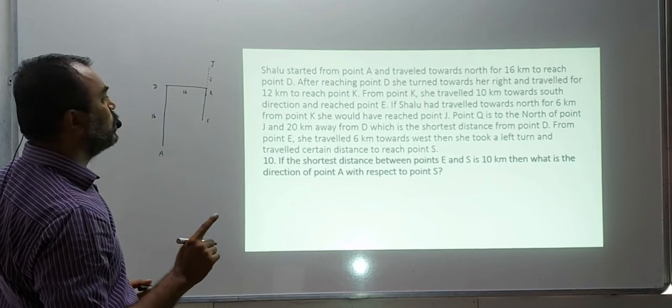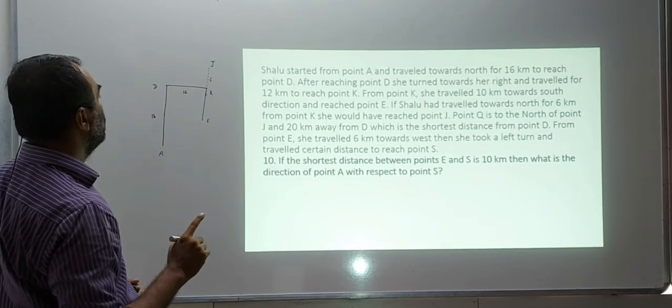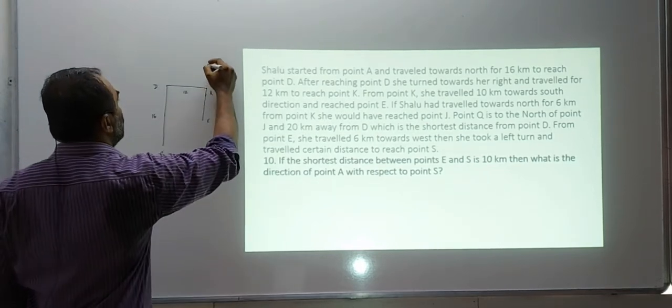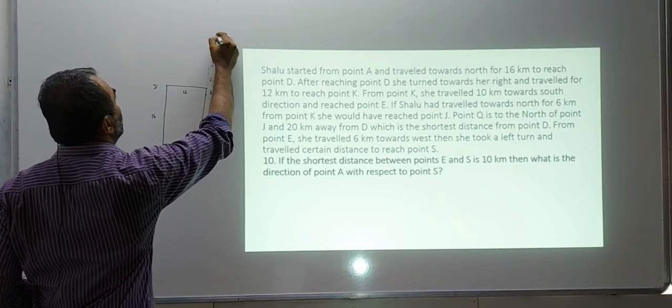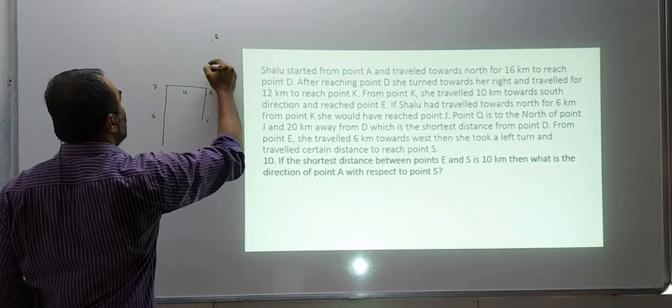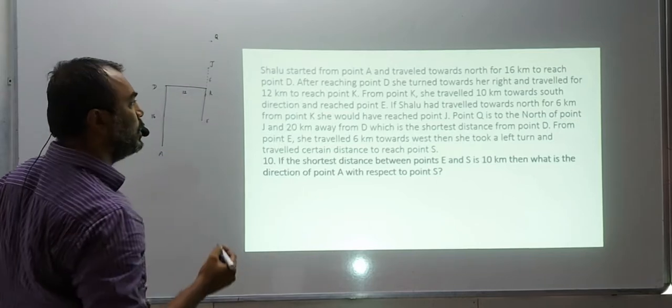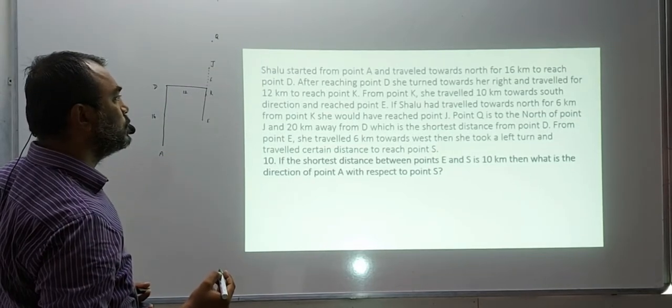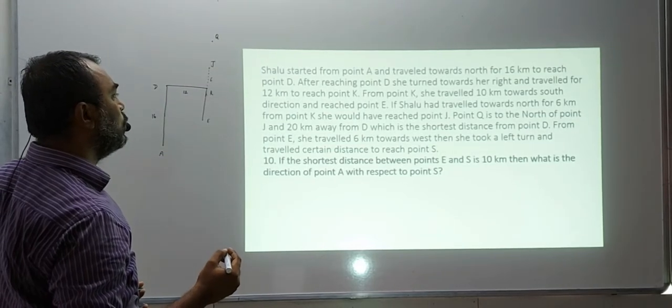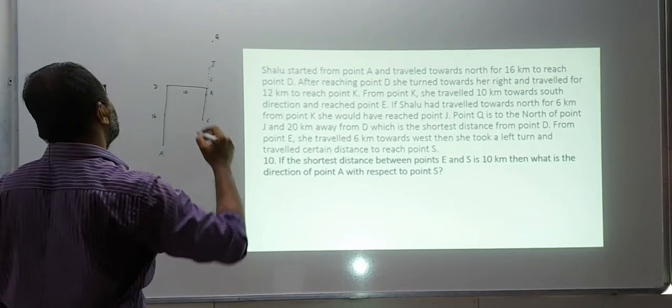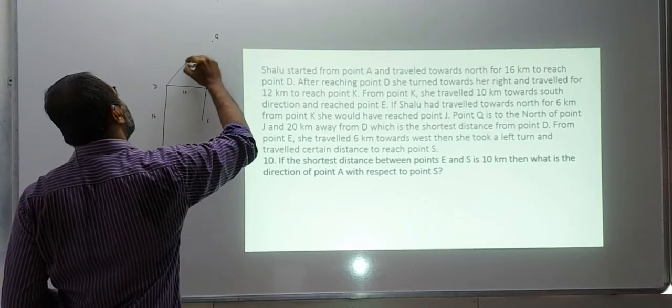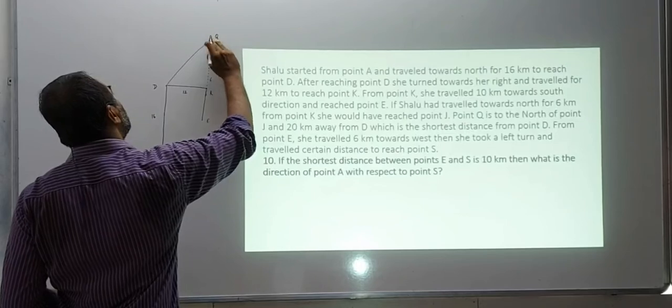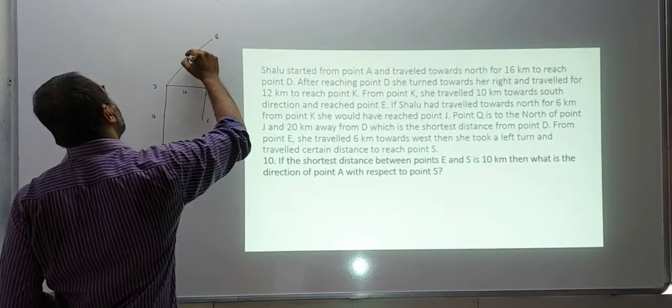Now point Q is to the north of point J. So point Q is north to point J and 20 kilometers from D, which is the shortest distance. So this distance is 20 kilometers.